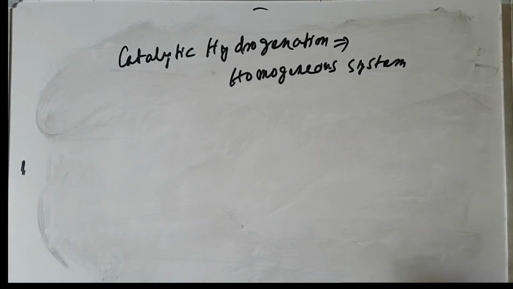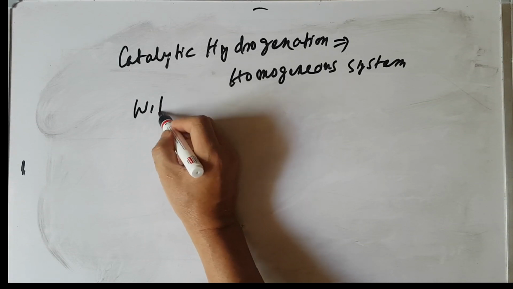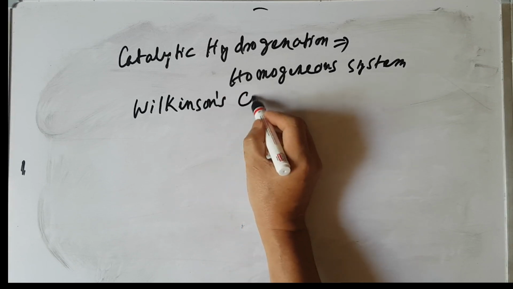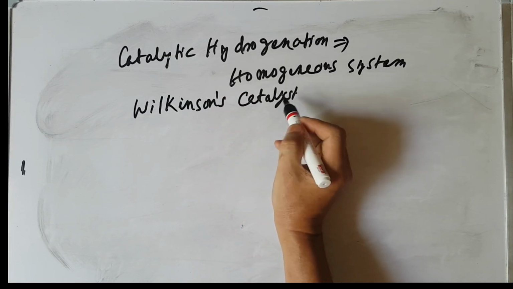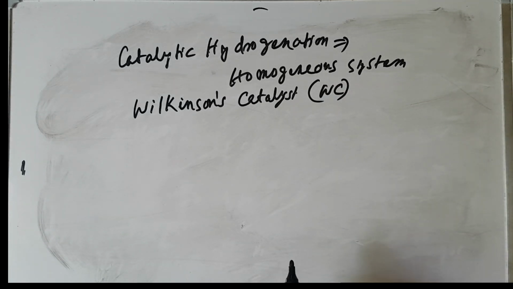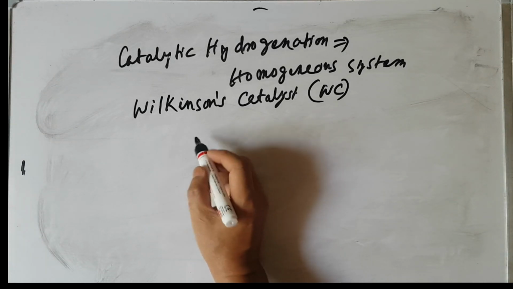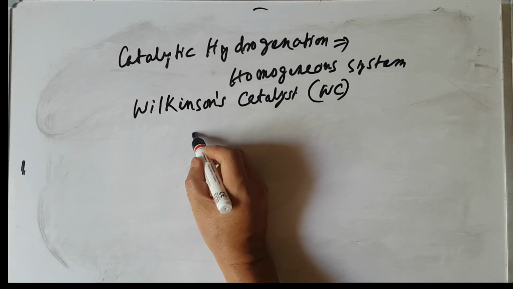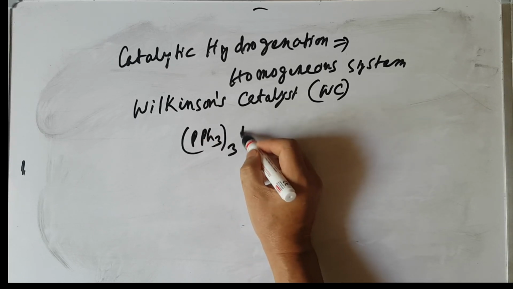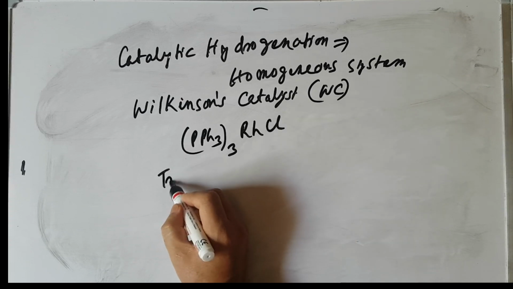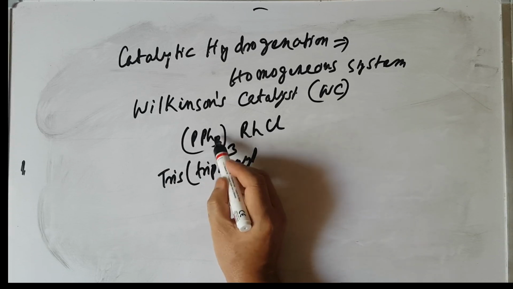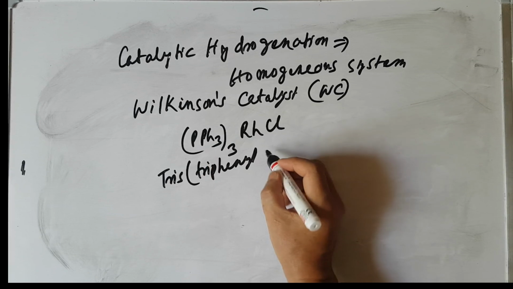Here the best catalyst used is Wilkinson's catalyst. Wilkinson catalyst is used for homogeneous catalytic hydrogenation. It is known as tris(triphenylphosphine)rhodium chloride. Here tris means 3, and this is called phosphine.